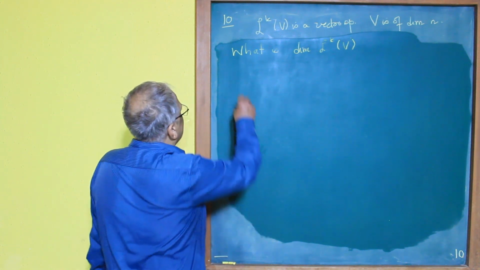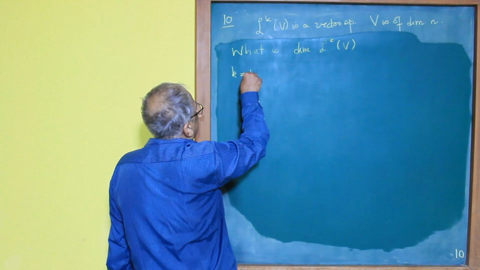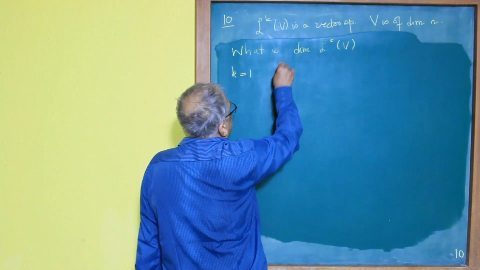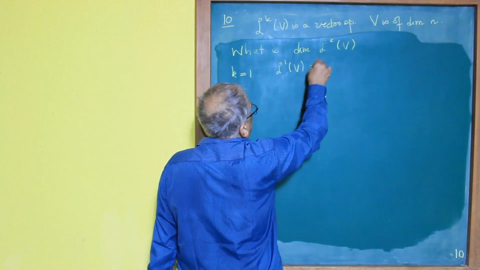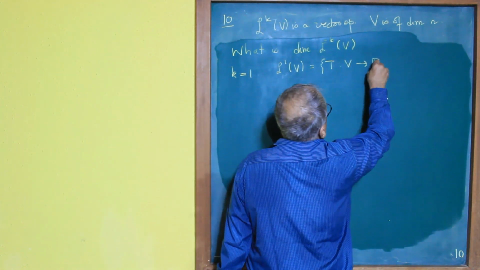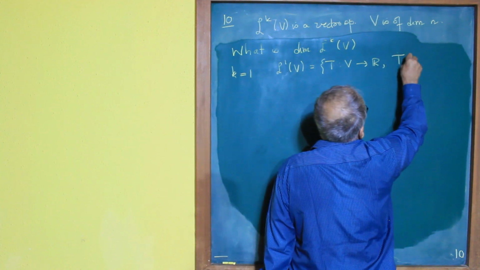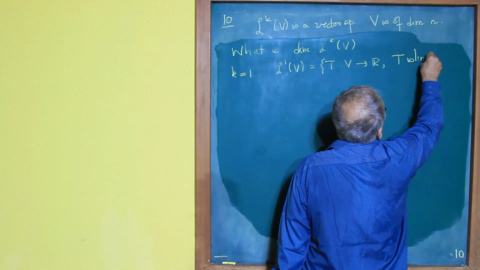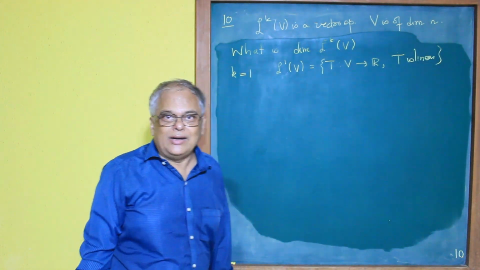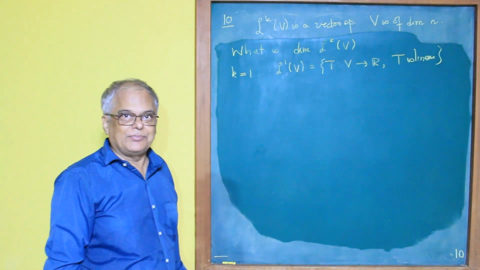So, for k equal to 1, I hope you understand that a one-linear map is just a linear map.